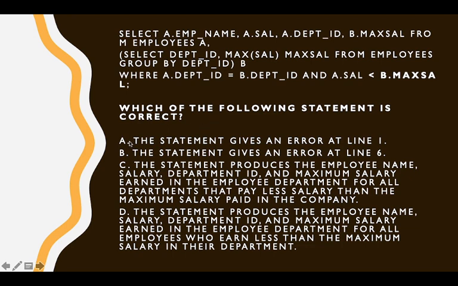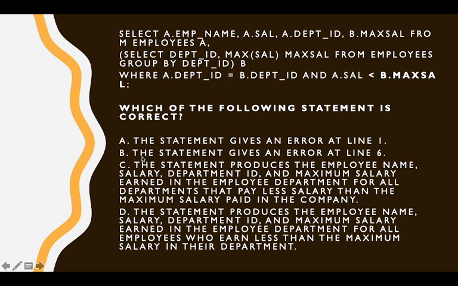Our option A is the statement gives an error at line 1. I don't think there's any error at line 1. We are just selecting the attributes that we have, so that is correct. There's no error.